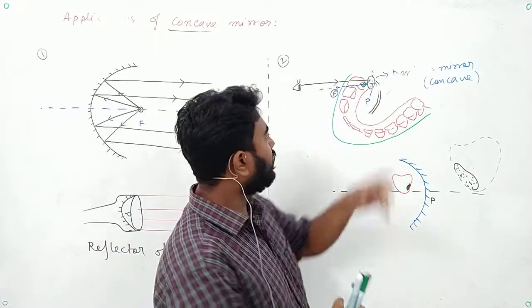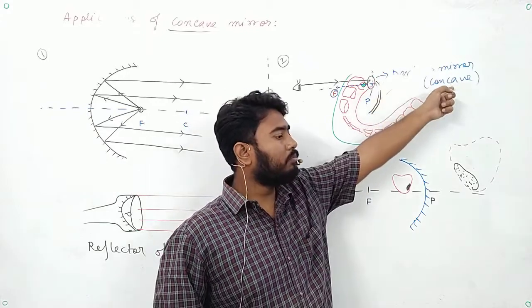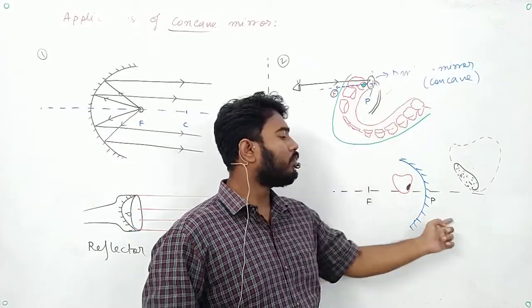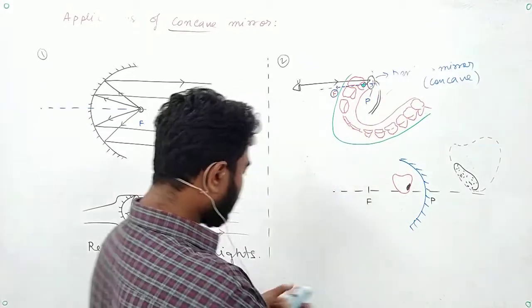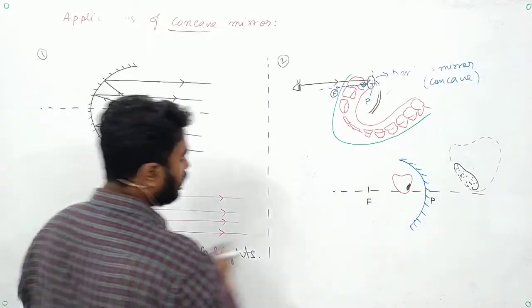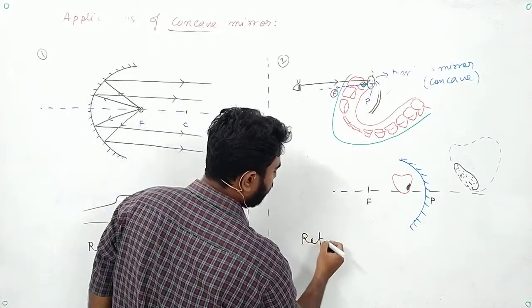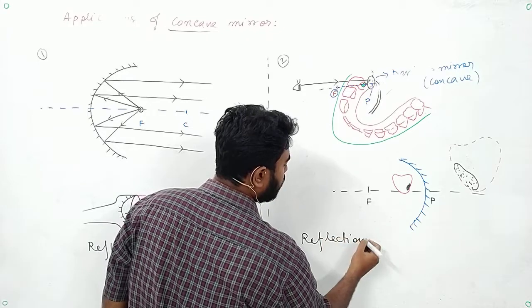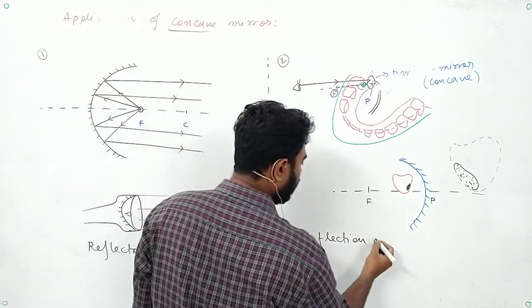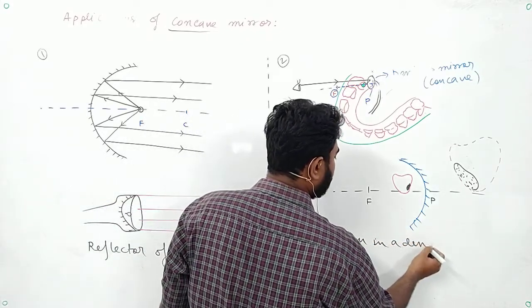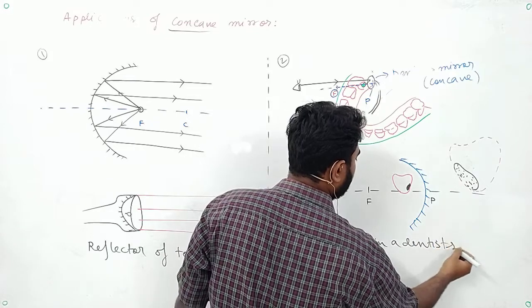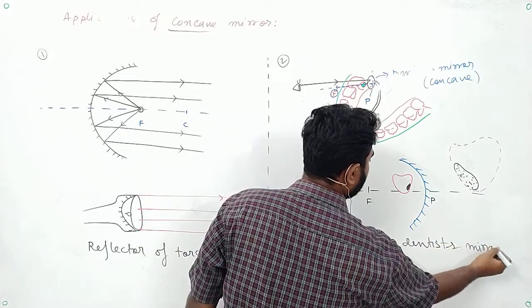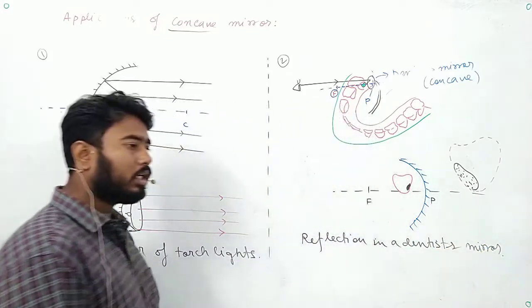That is why the dentist's mirror is a concave mirror where the teeth are kept between focus and pole. So this is the second application: reflection in a dentist's mirror.